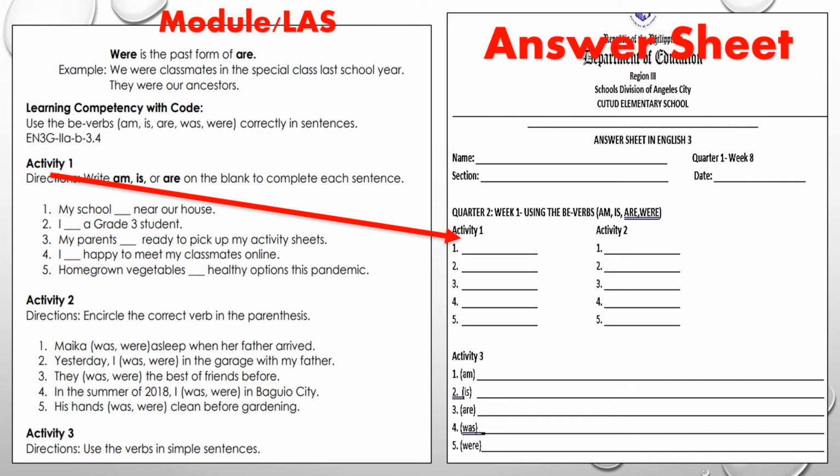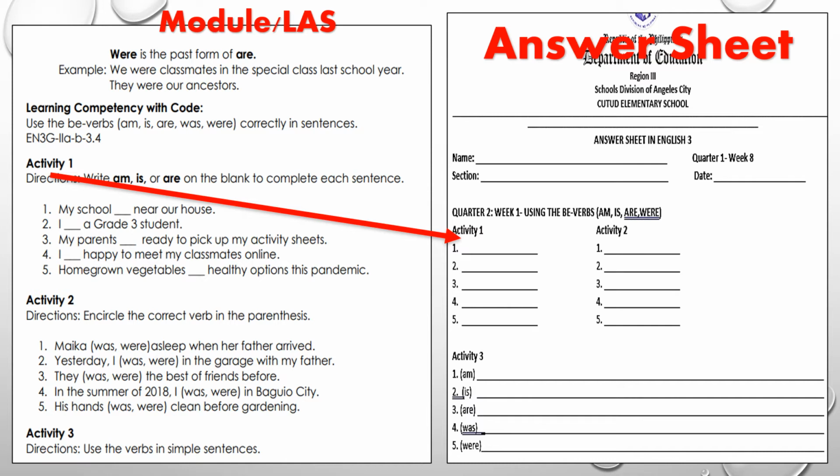So now, let's talk about the module and your answer sheet. Remember, answer only is written in your answer sheet. Do not write in the module. Dear parents, please guide our pupil in answering through our module and answer sheet.